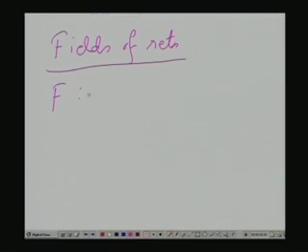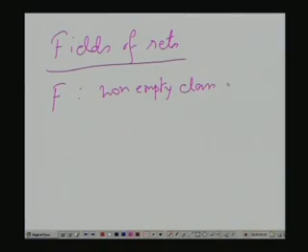A field F is a non-empty class. When you define a set, we say a set is a collection of objects, but when you have a collection of sets, we use the terminology class. So, it is a non-empty class of sets. F may contain the empty set, but not alone; it will consist of some other sets also.